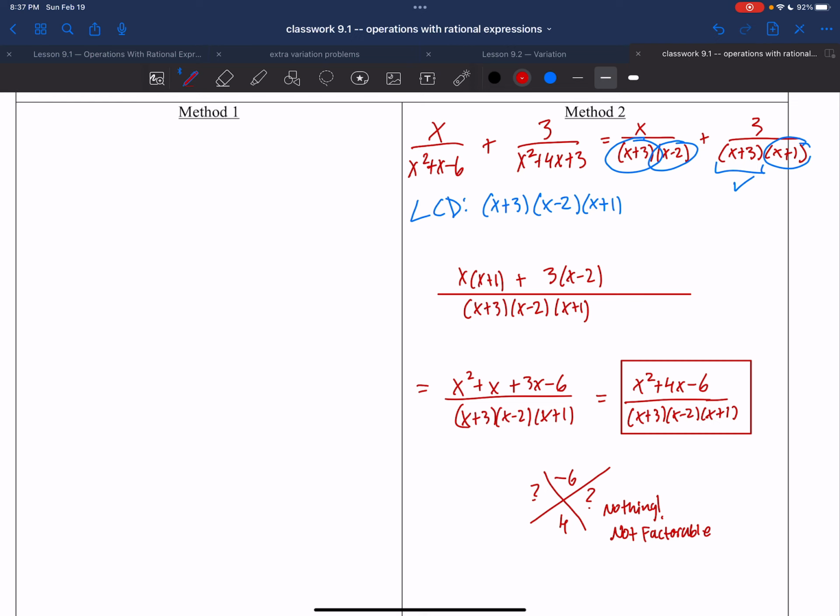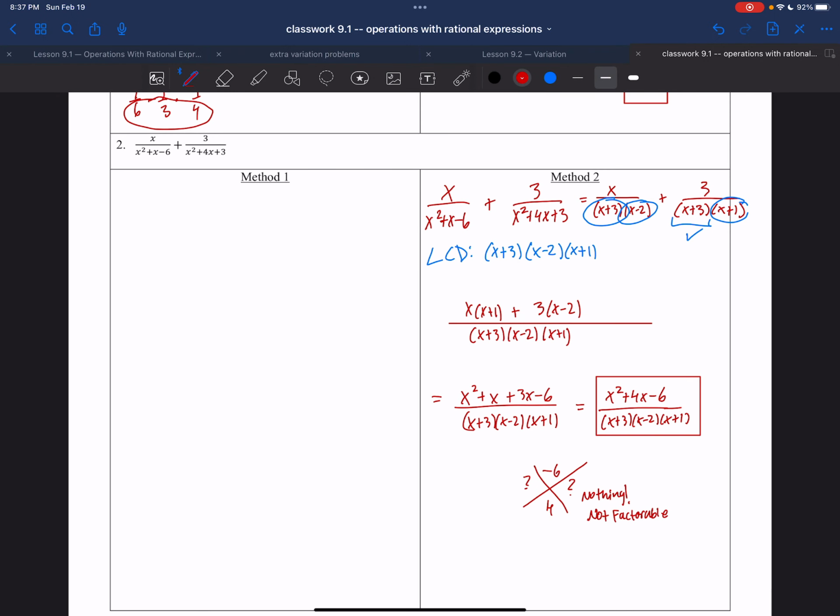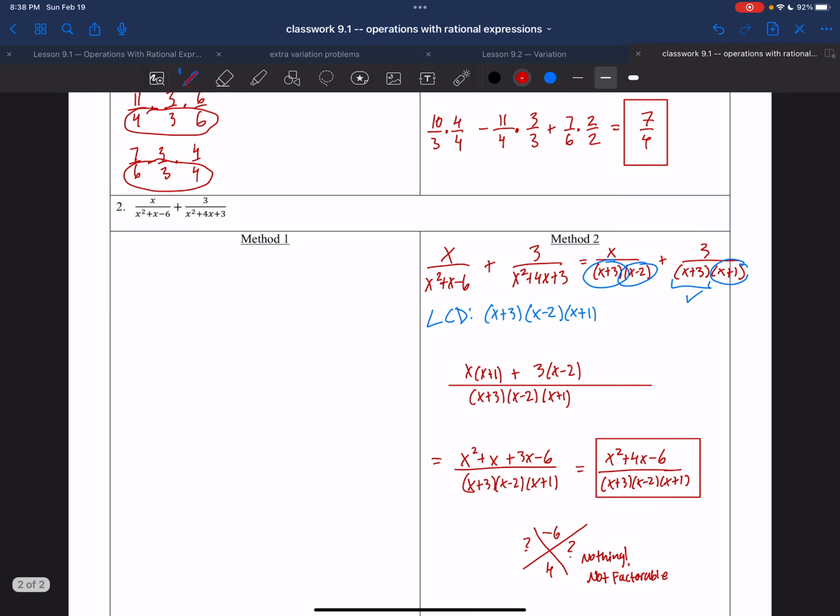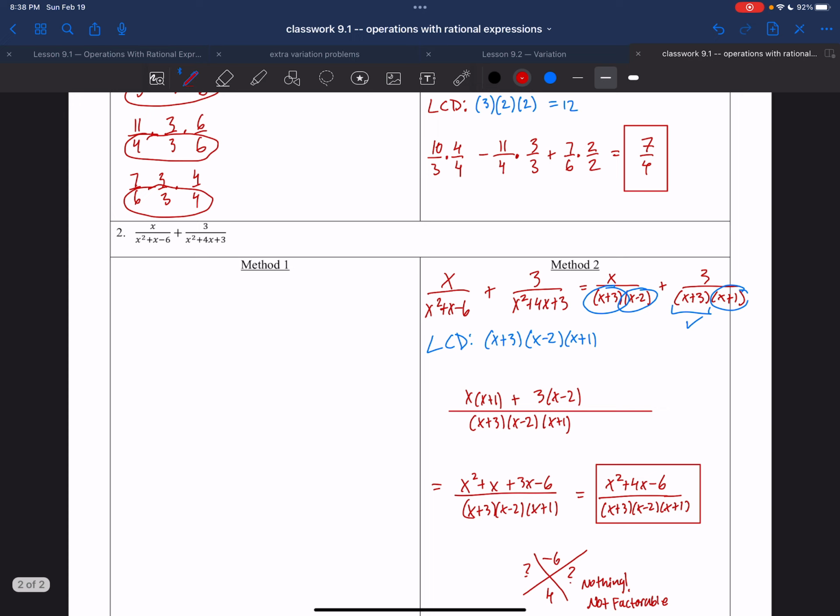And there you go. Now, the thing about method 1 with number 2 here is, well, it gets way too complicated. Because if you try to find the LCD here, well, it just gets messy.